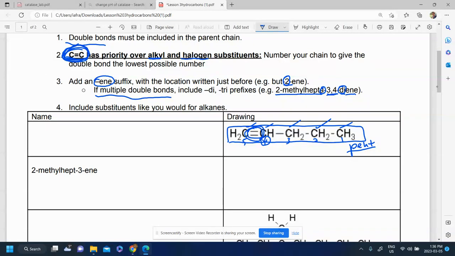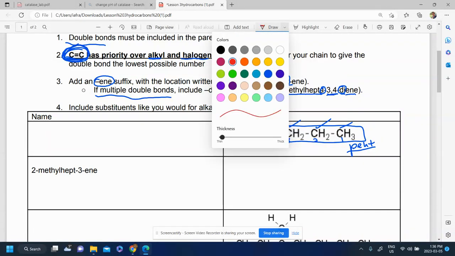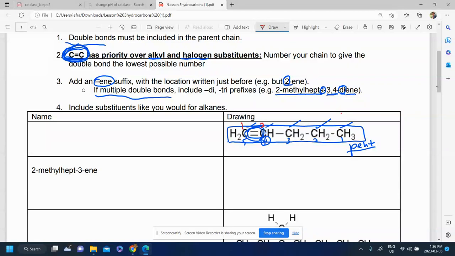It's basically the first carbon that you encounter touching the double bond. But if you count from the left side, 1, 2, 3, 4, 5, your double bond is at carbon number 1. So what we have here is pent-1-ene.